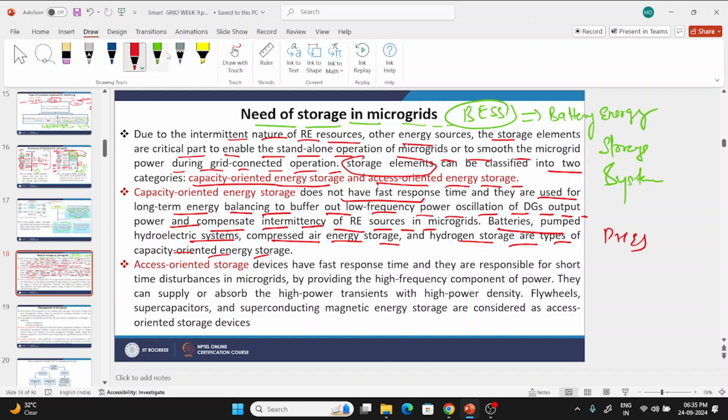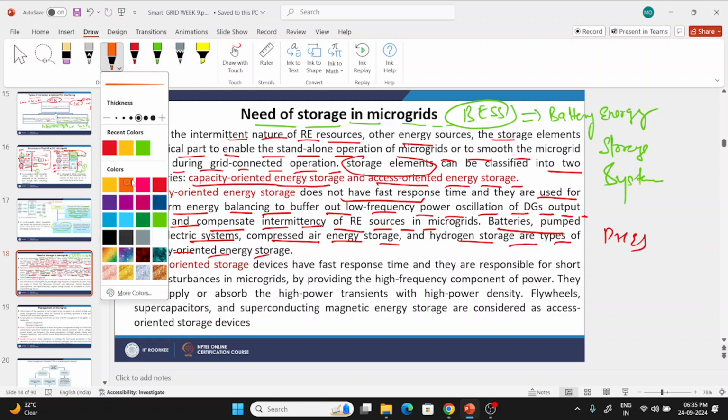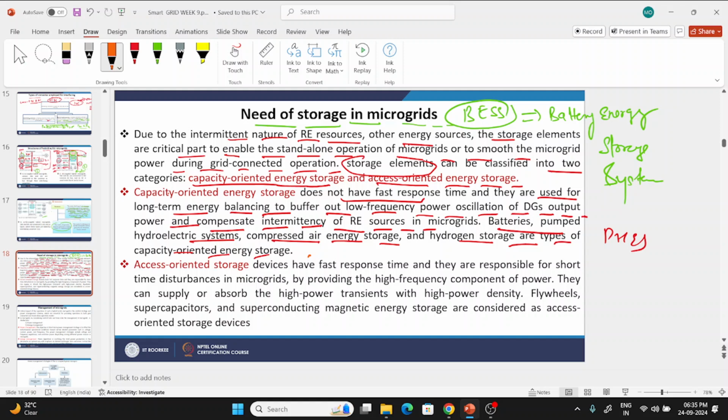But in the access-oriented energy storage, these devices have a faster response time and they are responsible for short time disturbances in any microgrid. They provide the high frequency component of power.